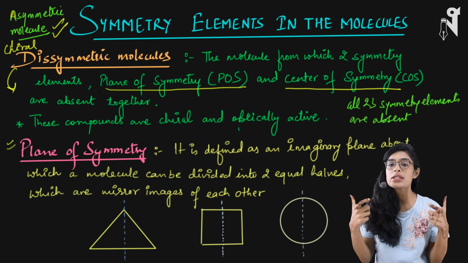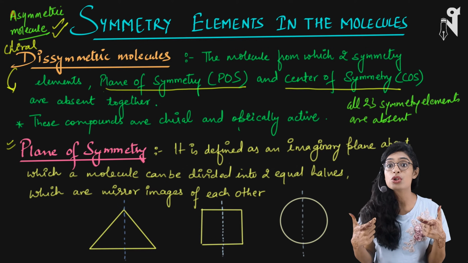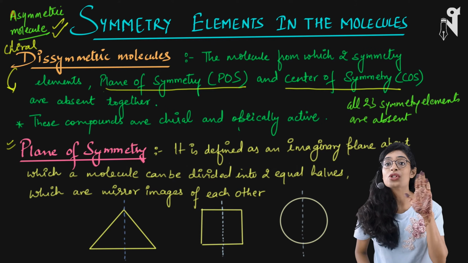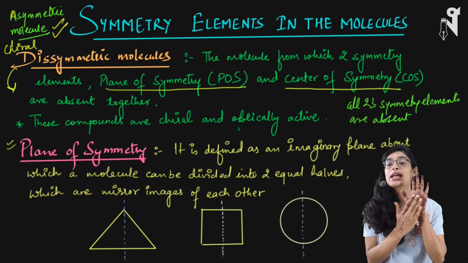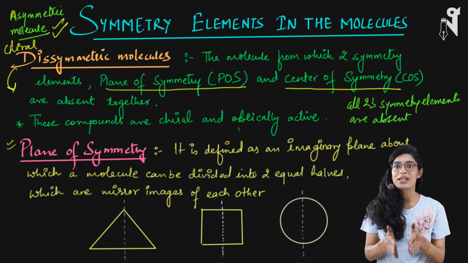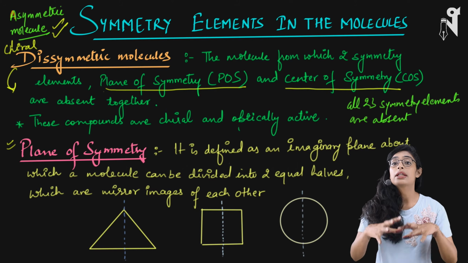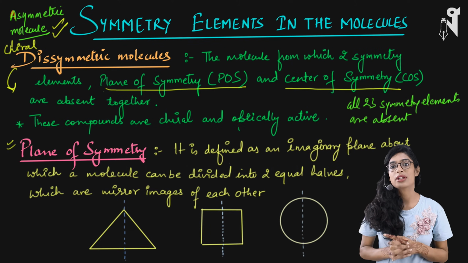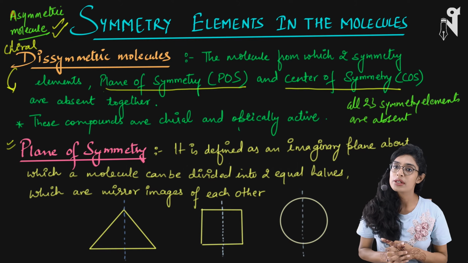Are those halves mirror images of each other? No. If I try to cut it diagonally, will I be able to cut it into equal halves? No. So basically it doesn't possess a plane of symmetry. So if through any plane you cut a substance or compound, it gets divided into two equal halves and those two equal halves are mirror images of each other, that means the molecule possesses a plane of symmetry.